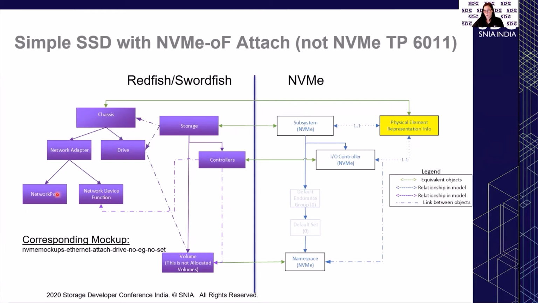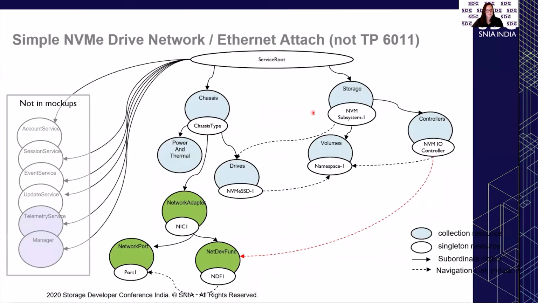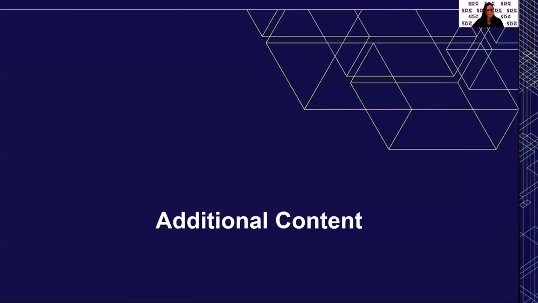And then what we do is leverage the standard instrumentation for network adapter, port, device function representation, and model that, and then that is all mapped over to the non-standard instrumentation coming from the device vendor implementation. And again, here's just that model where we've added the Ethernet attached instrumentation.